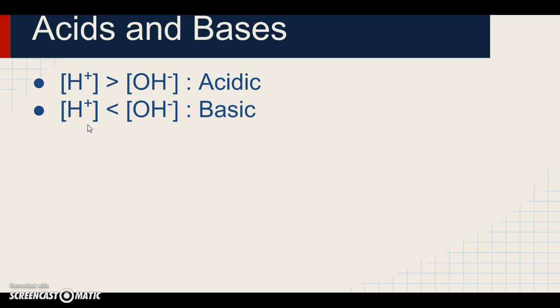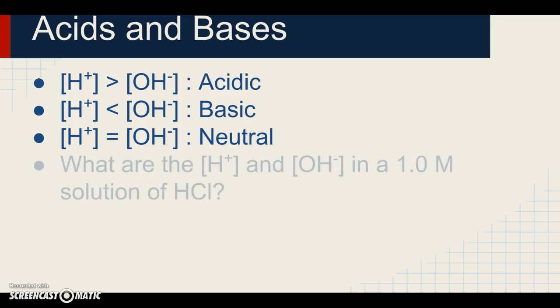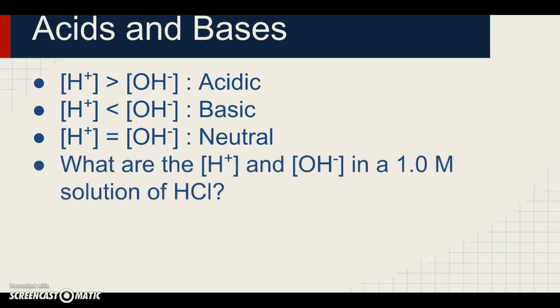And a neutral solution will have, if you answered equal amounts, that's exactly correct. So, remember what I said, that the hydrogen times hydroxide ion concentration is always going to need to be that 1.0 times 10 to the negative 14th.